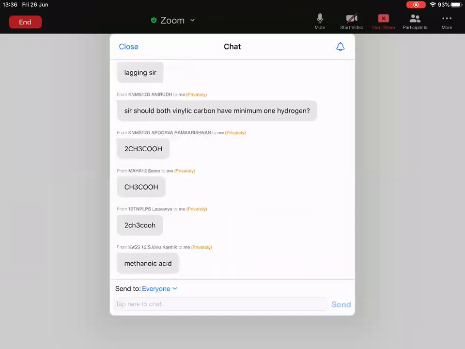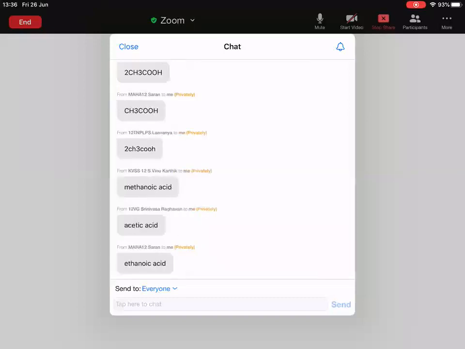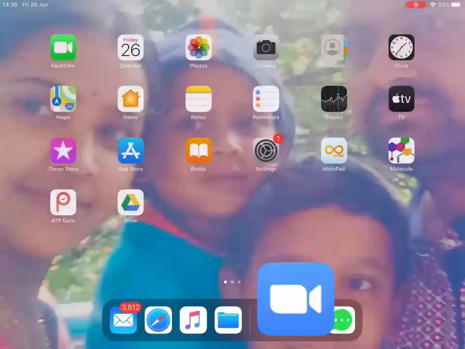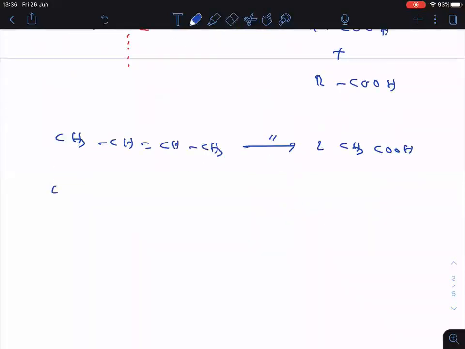Is it methanoic acid or ethanoic acid? Ethanoic acid, 2 molecules of ethanoic acid. Am I right? So here the answer is 2 molecules of ethanoic acid, CH3COOH. Clear?